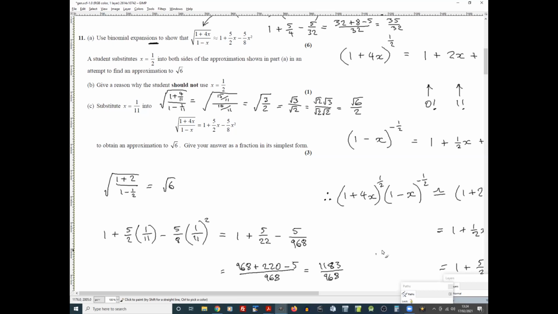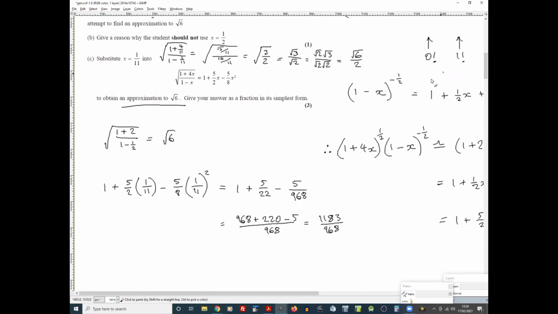So finally, will we get 3 marks for that? Have we provided an approximation to root 6? No, you've got to divide that by 2. Careful. Times it by 2. Yes. What we've got is half of root 6, isn't it?